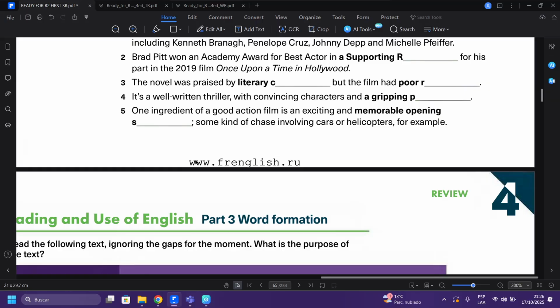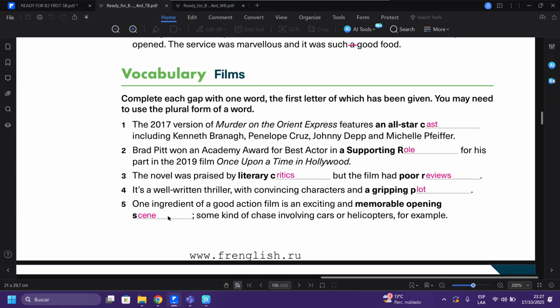Number 5, the last one. One ingredient of a good action film is an exciting and memorable opening, and we have S. An opening at the very beginning of a movie is an opening scene.